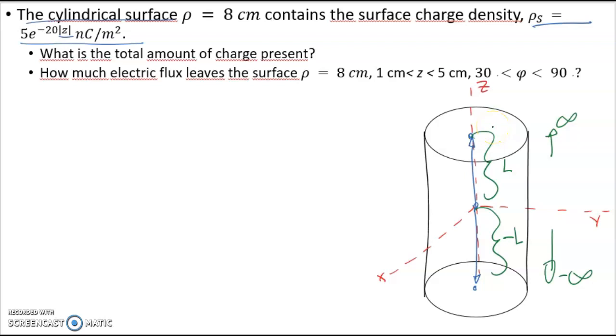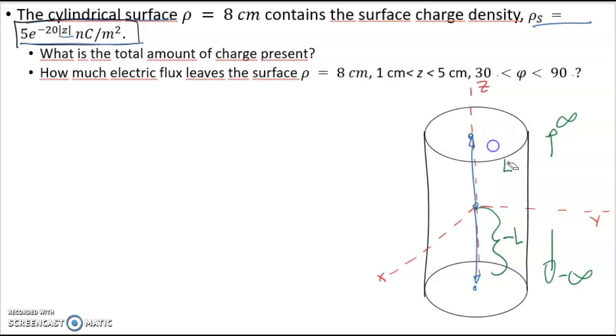Then we're saying that there is going to be a surface density of charge that's described like this: 5 times e to the minus 20 absolute value of z nanocoulombs per square meter.